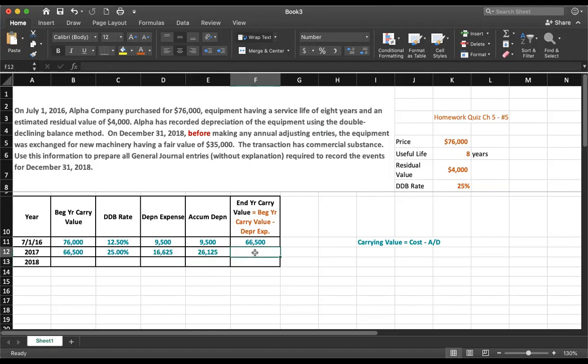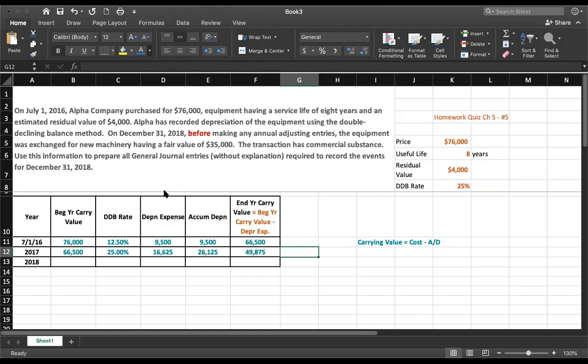All right, so now the end of year carrying value is the beginning of the year carrying value minus the depreciation expense, and that gives us $49,875.